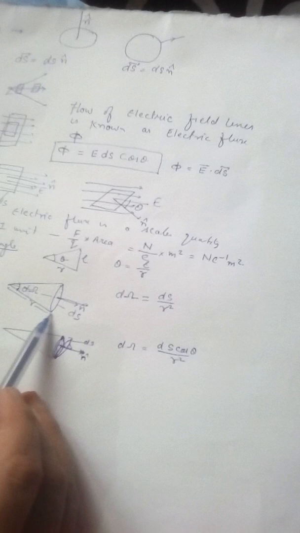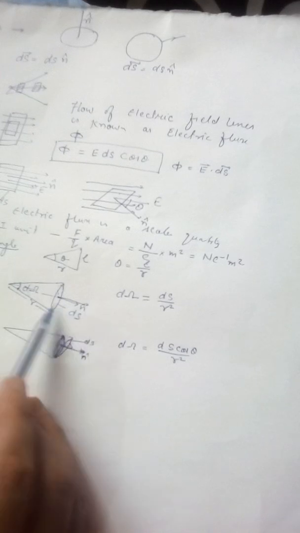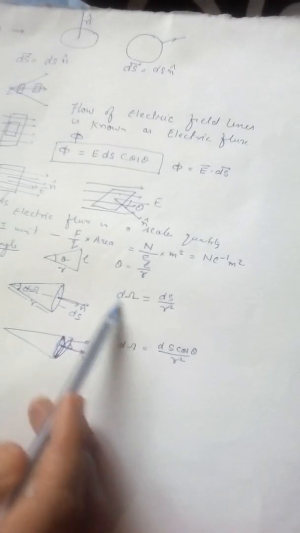These two small concepts are there. You have to only remember that if the normal to the surface is in the direction of normal, then this solid angle is represented by ds by r square.